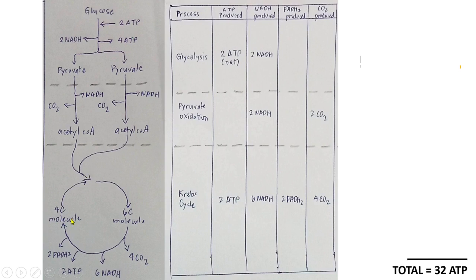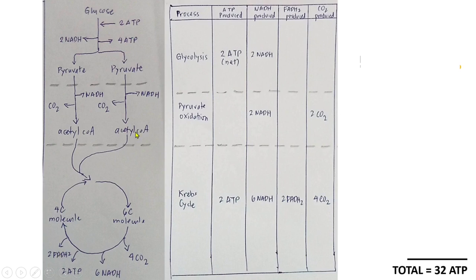First of all, it will combine with the 4-carbon molecule, therefore becoming a 6-carbon molecule, and it will go back to becoming a 4-carbon molecule. In doing so, the 6-carbon becoming 4-carbon will release carbon dioxide, NADH, ATP, and FADH. Now take note, 1 acetyl-CoA will produce 2 carbon dioxide, 3 NADH, 1 ATP, and 1 FADH.